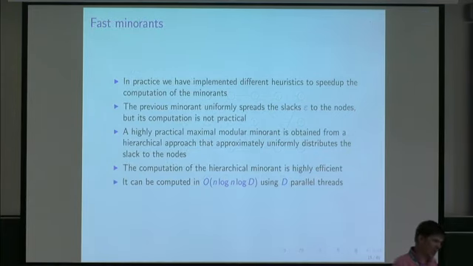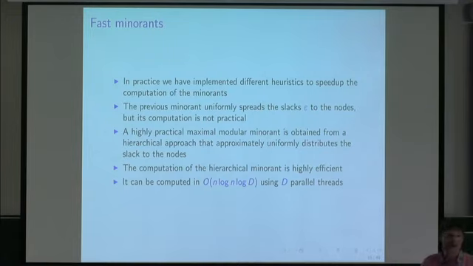So this was the optimal strategy, but it turns out in practice it's too costly to have an algorithm that works very fast. Therefore, we have implemented different heuristics that are inspired by this uniform distribution of the slacks. There's one particular approach, still a heuristic, which works very well, obtained from a hierarchical approach that tries to approximately uniformly distribute the slack of the nodes.